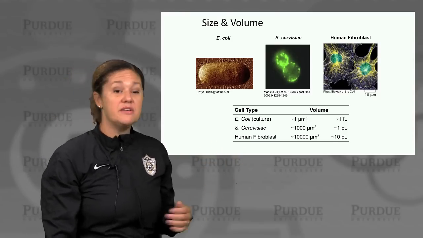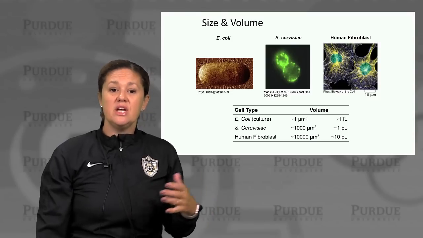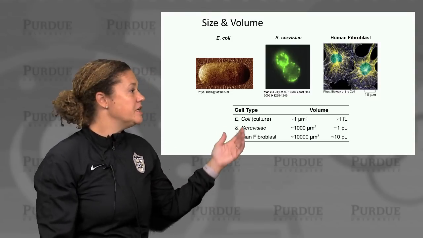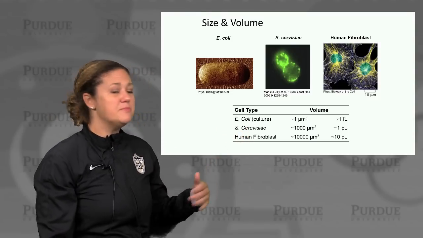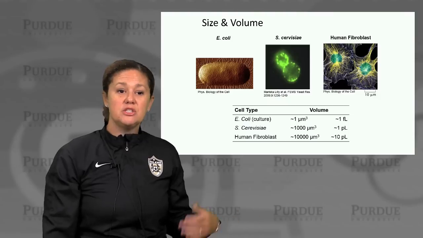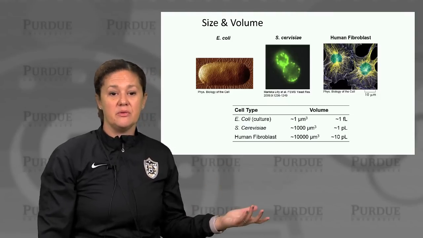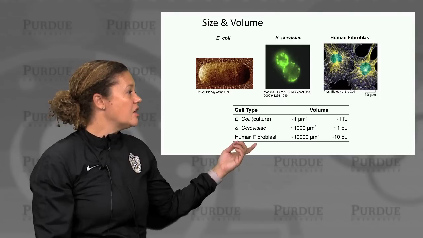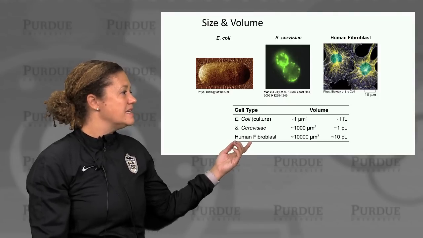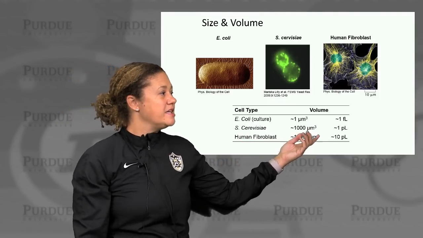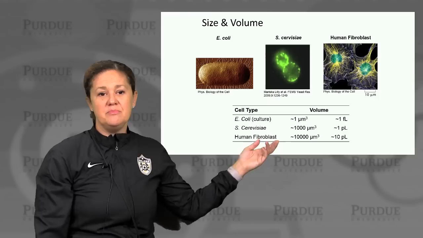And human cells can vary quite a bit in their size and volume, but looking at our human fibroblasts, most human cells are again much larger than bacteria and other microorganisms. And here a typical human fibroblast is about an order of magnitude larger than our yeast, about 10 picoliters.